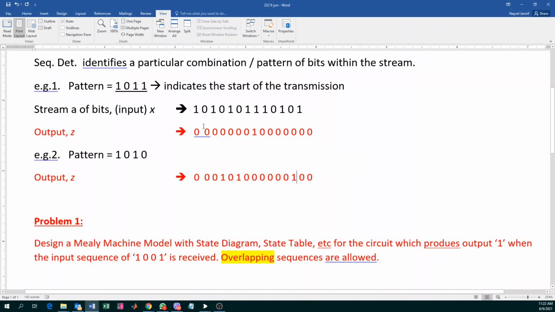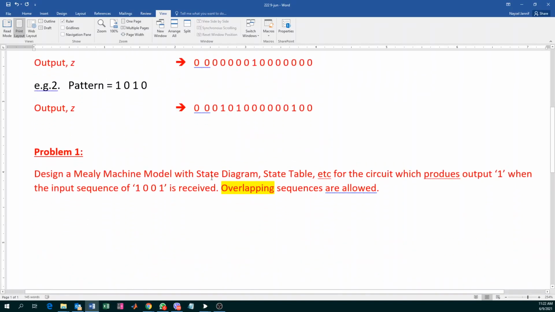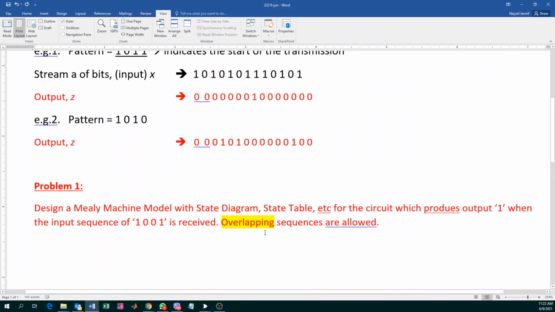Overlapping means you can use inputs from the previous cycle, which have already been used, again. This is used in a pattern detector or sequence detector, in serial communication, internet communication, when your mobile phone transmits data and so forth. So that's what the word overlapping means.